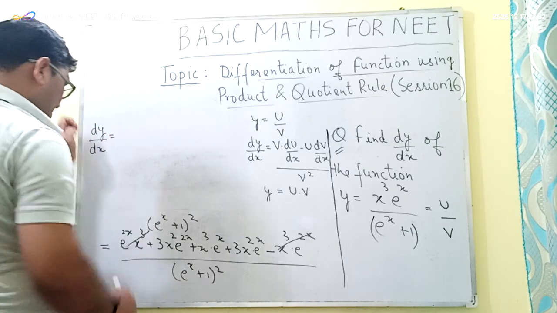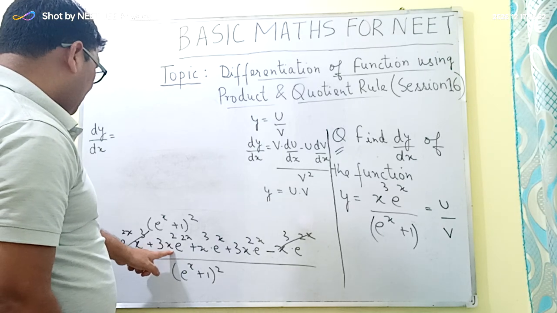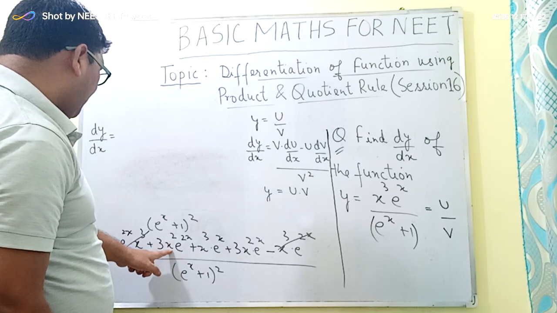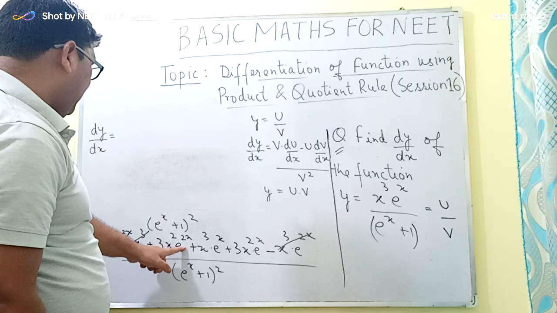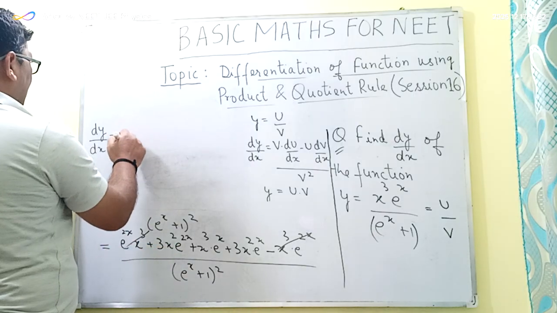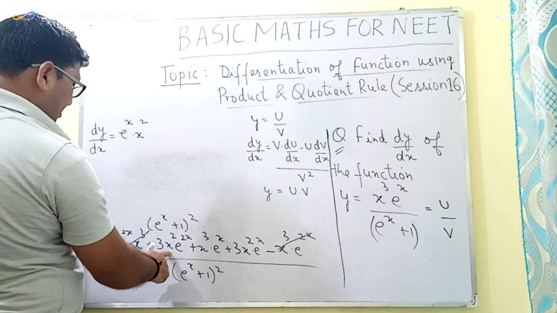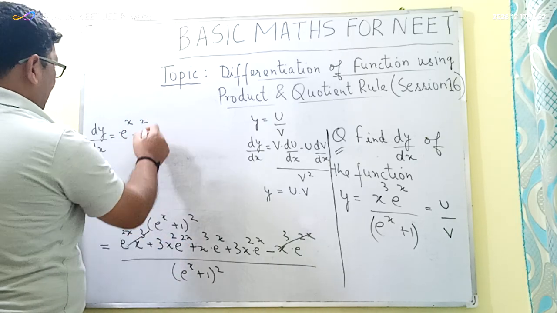from here, this 3x square, or you can say this x square e to the power x, can be taken as common.